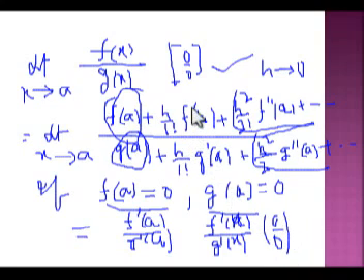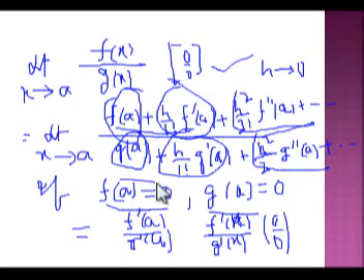Then what will we do? You will put here 0 and here 0. Then two terms vanish, this two term and this two term. We will take the third term and again cancel.